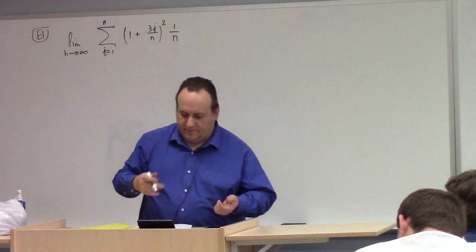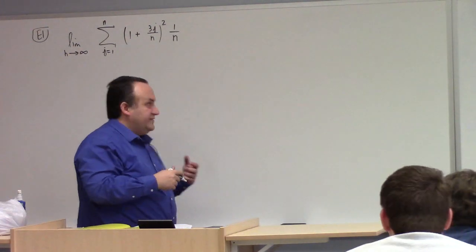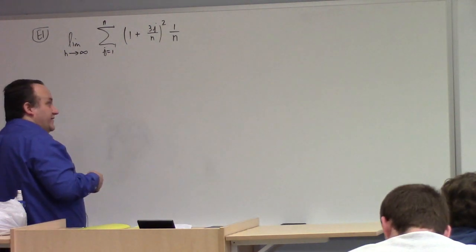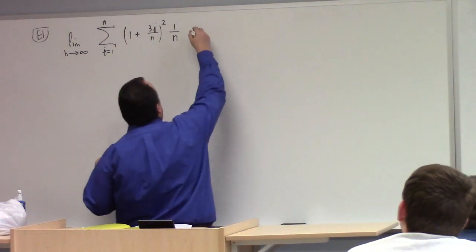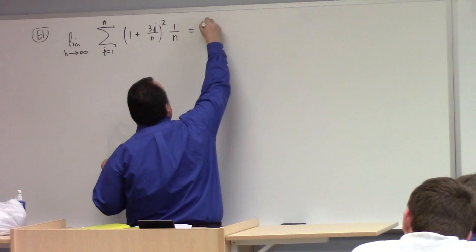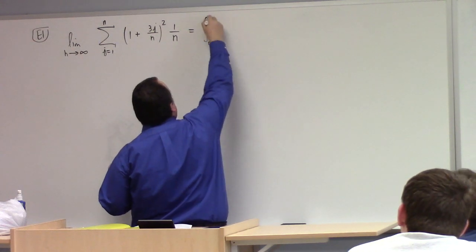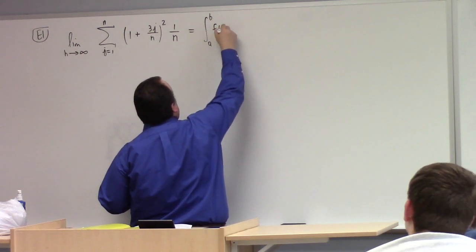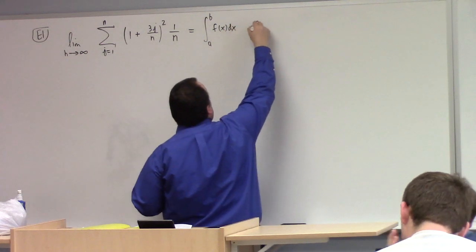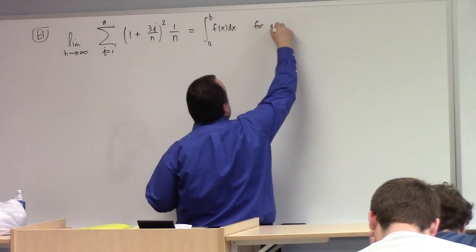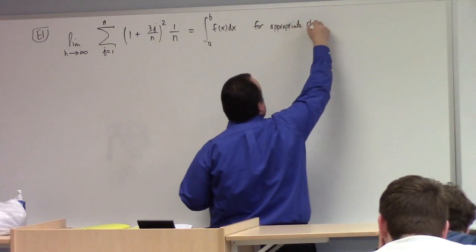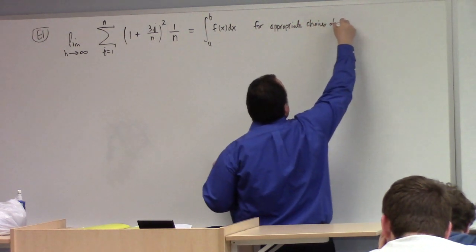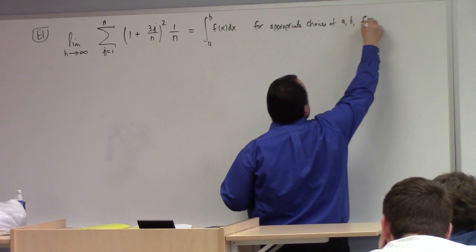these are kind of like reverse problems. The question says to rewrite the infinite sum as a definite integral and then use FTC2 to calculate it, all right? So the idea is rewrite this as the integral from a to b of f of x dx for appropriate choices of a, b, and of course f of x, right?